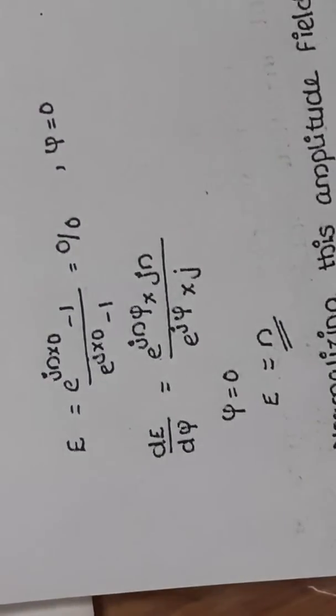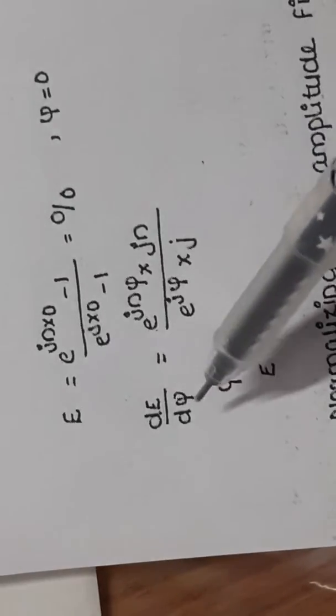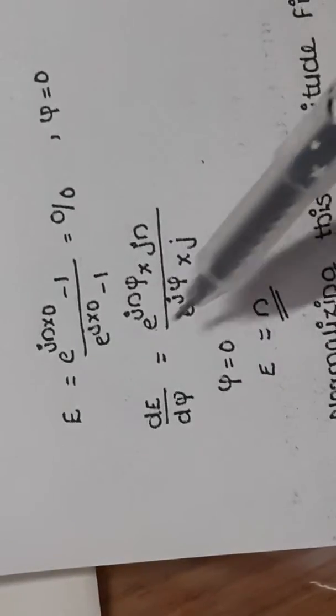Now we will take it directly. Just observe from the above equation, E is equal to (e^{jnψ} − 1)/(e^{jψ} − 1), which is 0 by 0 at ψ equal to 0. Applying the L'Hospital rule, differentiating on both sides, dE/dψ is the e^{jnψ} into jn by e^{jψ} into j. Here L'Hospital rule, not the U by V method.